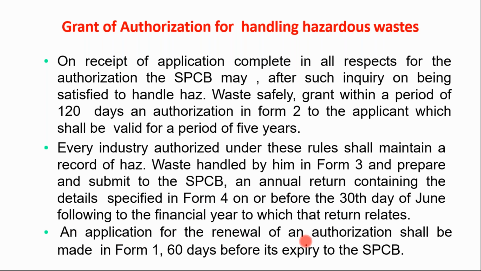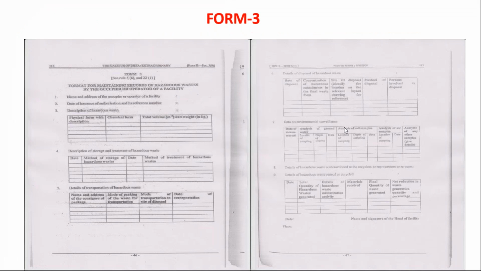An application for the renewal of an authorization shall be made in Form 1, 60 days before its expiry, to the SPCB. So after 5 years, you can again apply for the renewal within the 60 days in Form 1. So these are the different forms for different purposes.